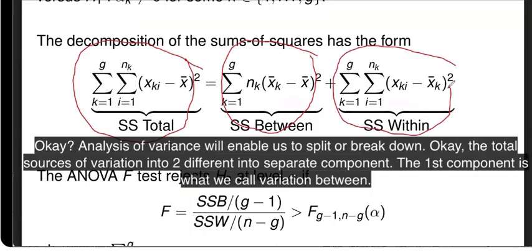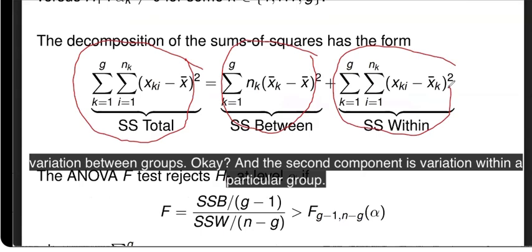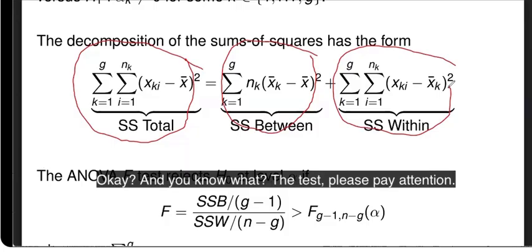Analysis of variance will enable us to split or break down the total sources of variation into separate components. The first component is what we call variation between groups, and the second component is variation within a particular group.